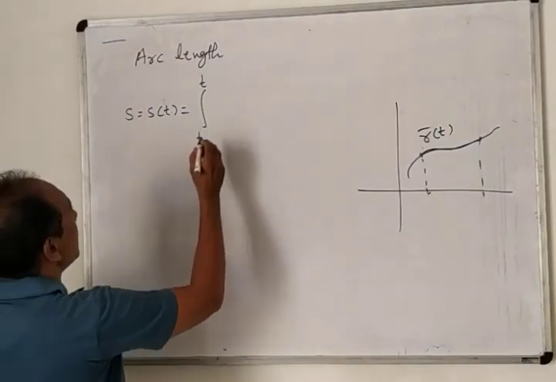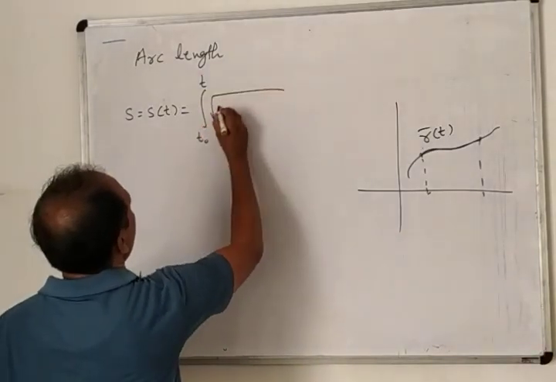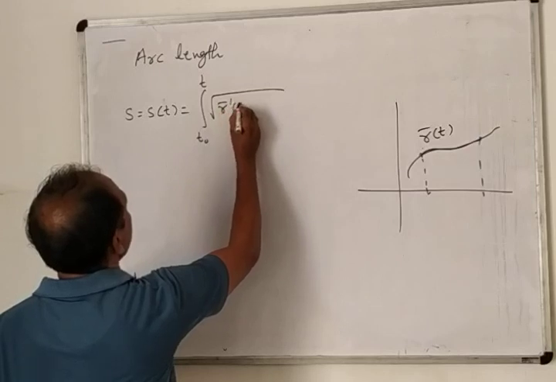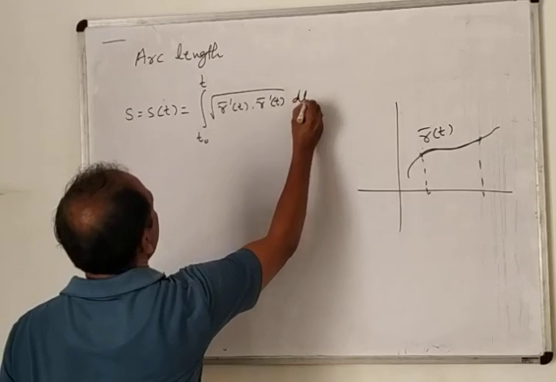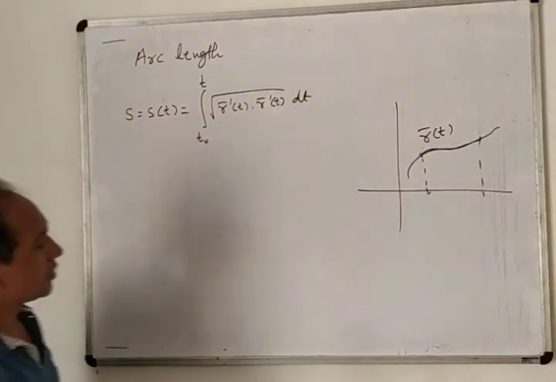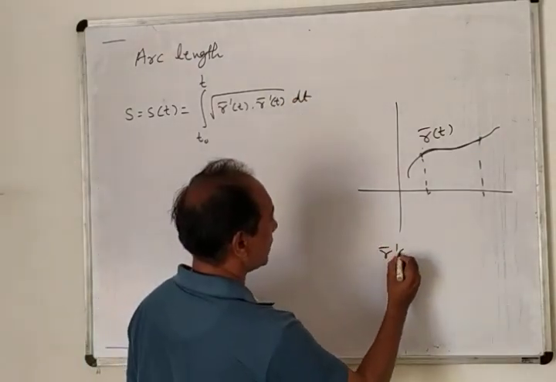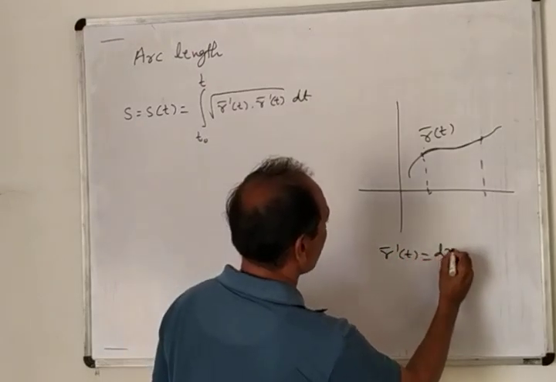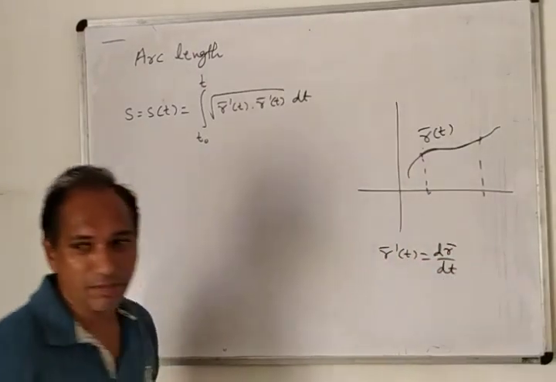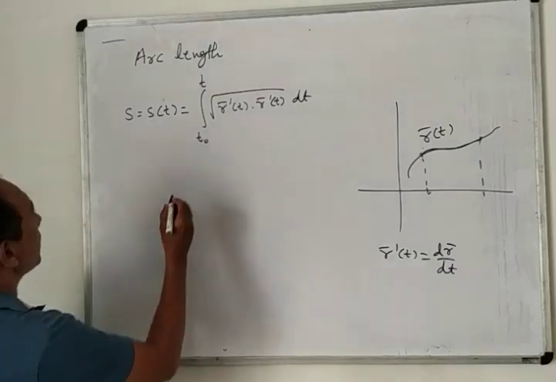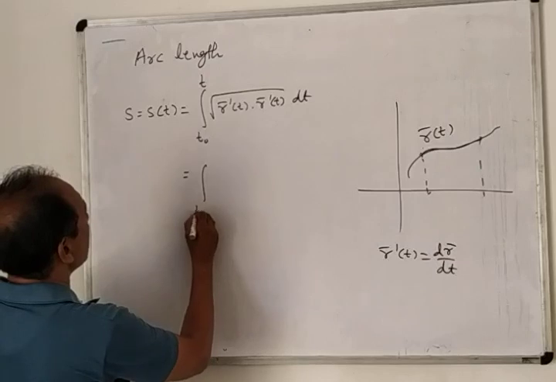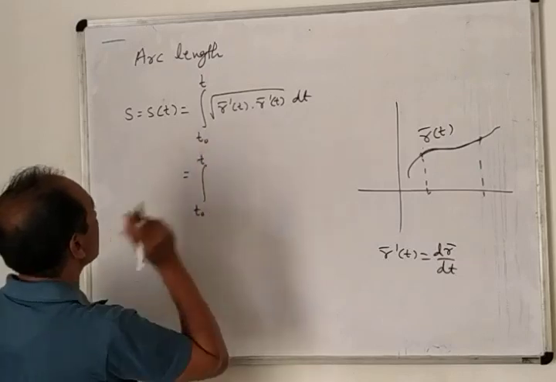It is given by the integral of the square root of r bar dash t dot r bar dash t dt, because there are two vectors. What is r bar dash t? r bar dash t is equal to d r bar by dt, that means the derivative of r bar with respect to t. This can also be written as the integral from t0 to t of the square root of r bar dash t dot r bar dash t.